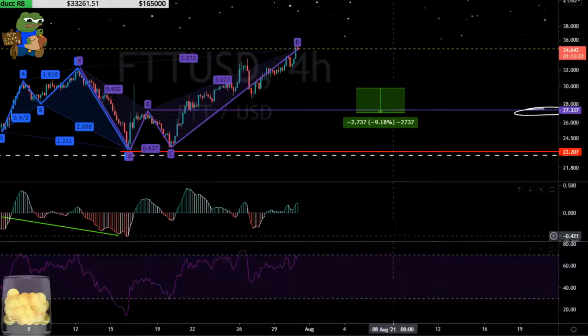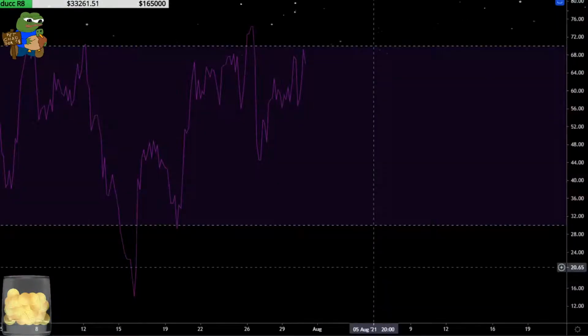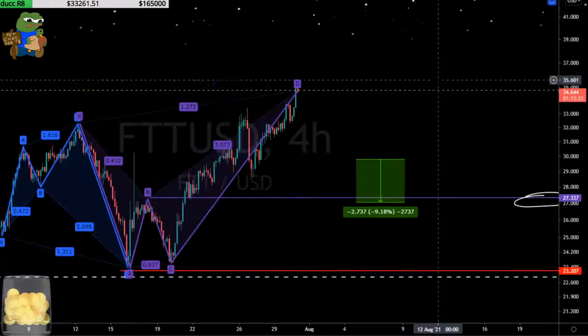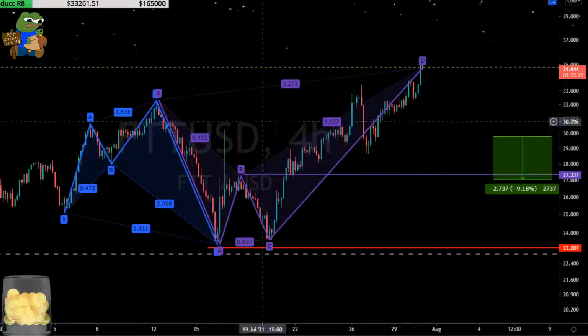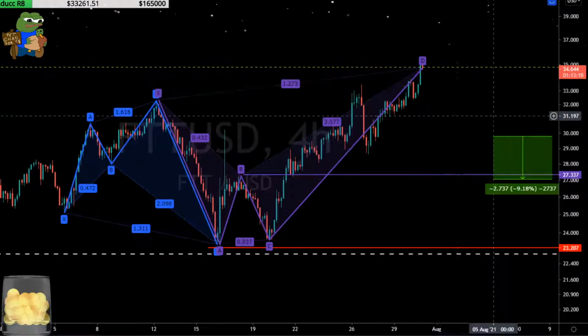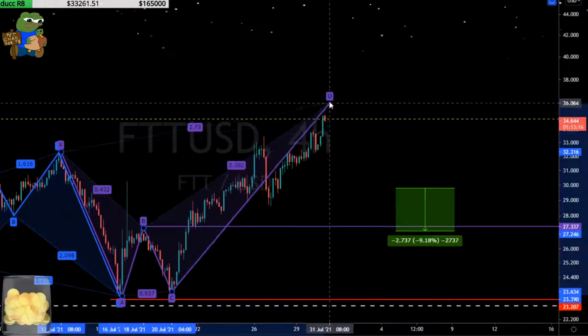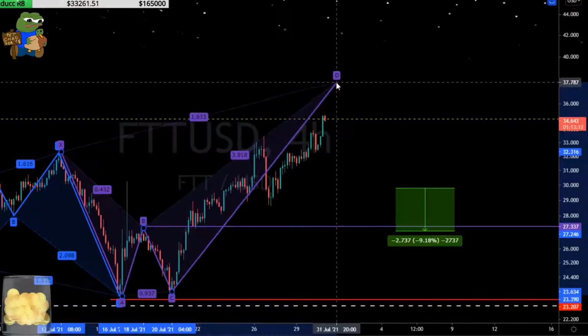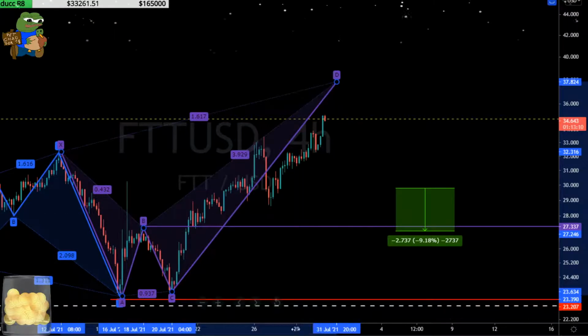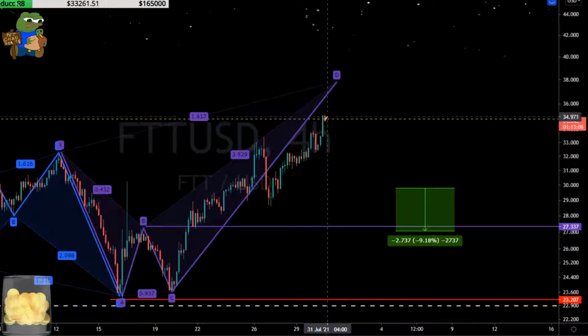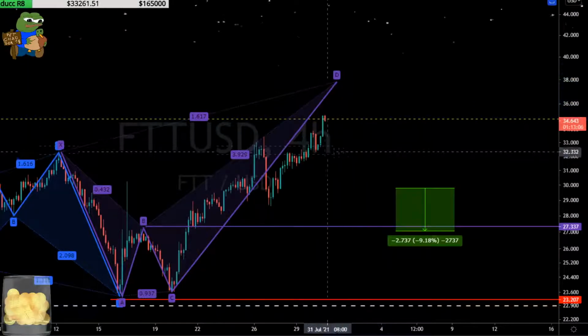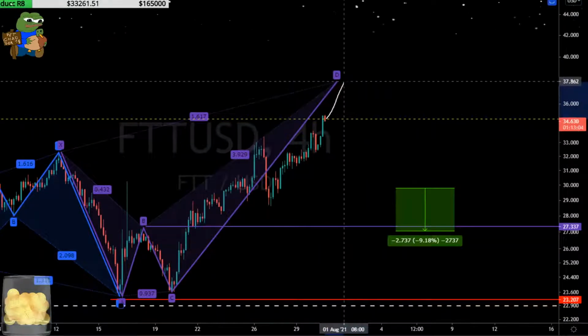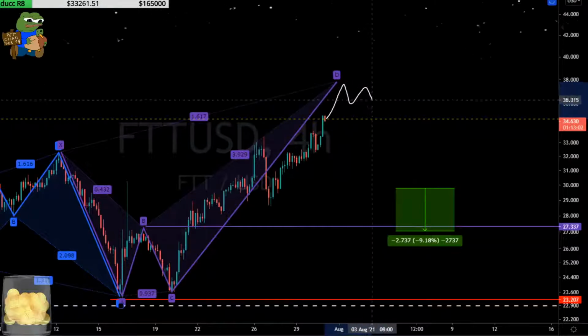So yeah, not as clear on the oscillators, but you definitely gotta wonder about this, okay? But it is a butterfly. That being said, a butterfly could go all the way up to a 1618, okay? So it could still rally out above this, almost like a fake out, and then it could dump, okay?